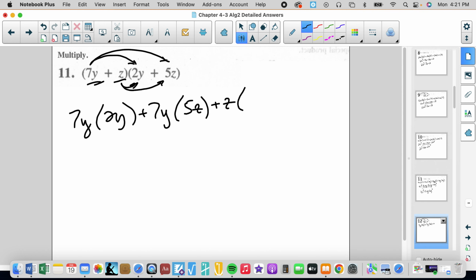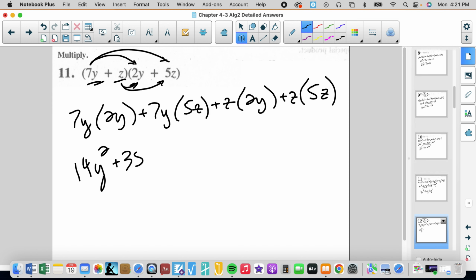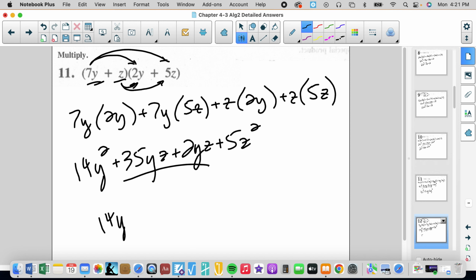Plus z times 2y plus z times 5z. 14y squared plus 35yz plus 2yz plus 5z squared. Like terms: 14y squared plus 37yz plus 5z squared.